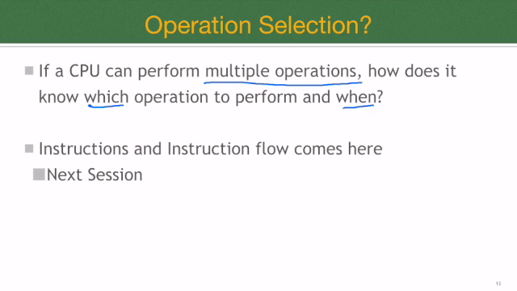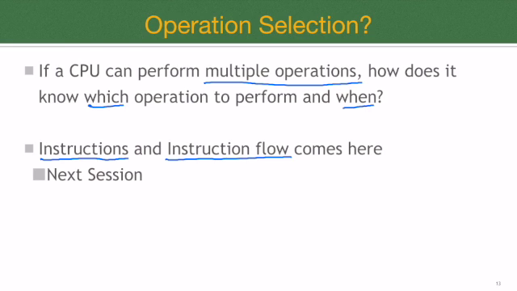For this, that is where the software comes in, and that is decided through software instructions and instruction flow. So it's a software instruction that tells the CPU which operation to perform, and the sequence of those instructions, which is called an instruction flow, decides what's the next operation that is going to be performed, and the next, and so on.